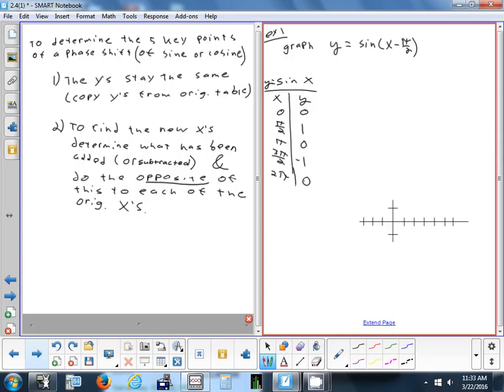What I've done is I already copied down the original table you had in your notes right here. I'm not going to do that for every problem, but for the first one I did. Copy down the y values into a new table. Right, so we got 0, 1, 0, -1, 0.